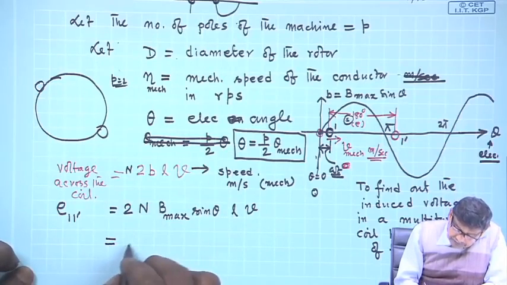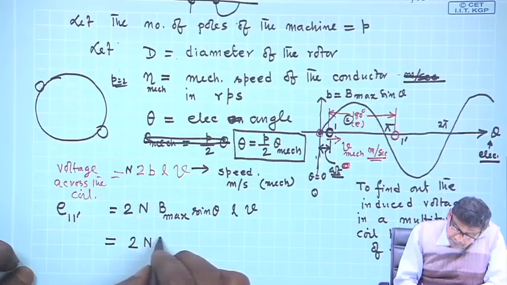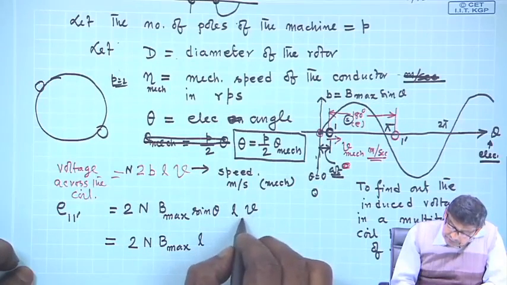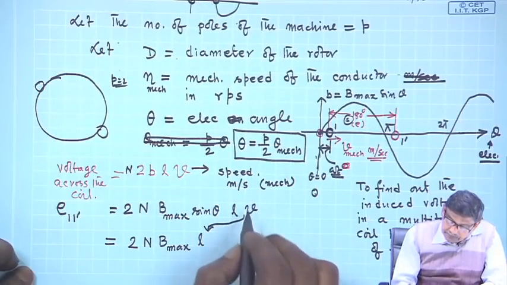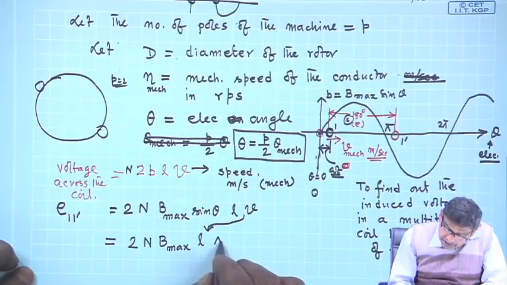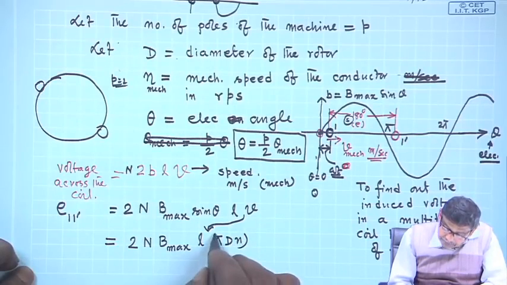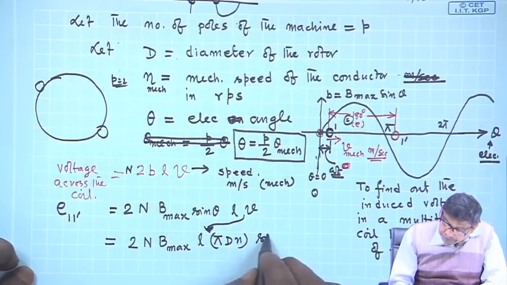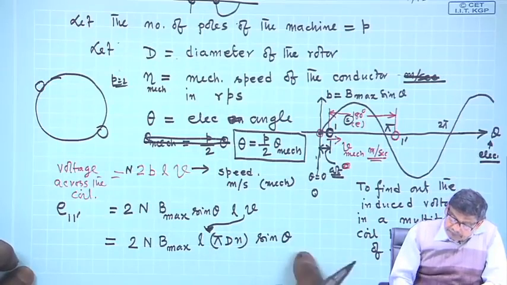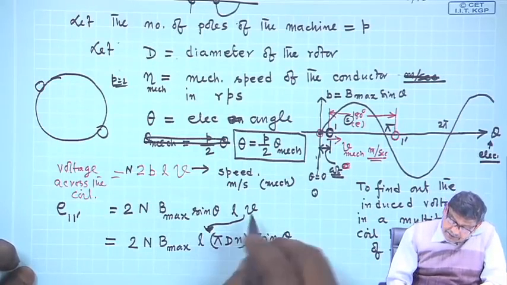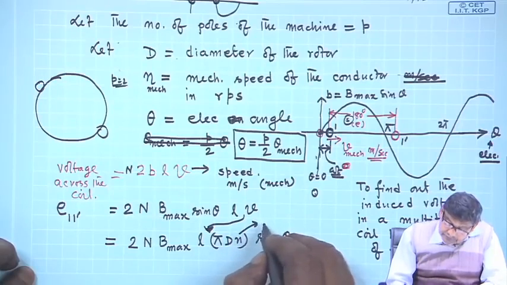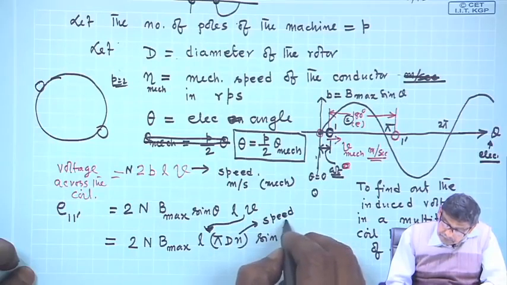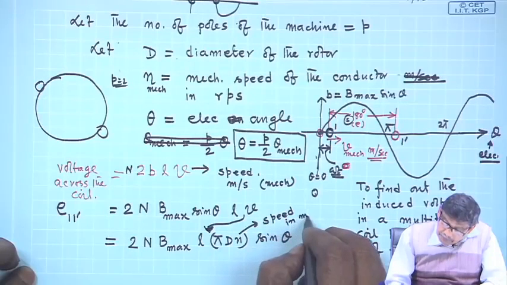Now this is 2 n B max into L, and next I write the velocity V in meter per second, which is equal to pi D n, into sin theta. Here n is the speed in RPS, mechanical RPS.